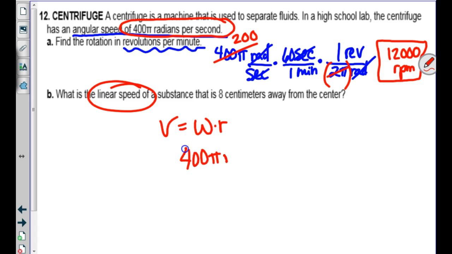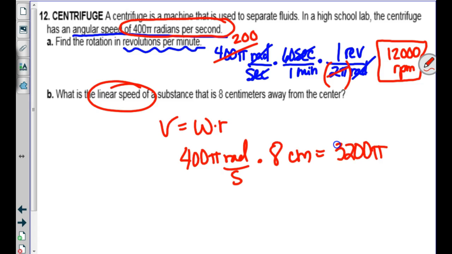So 400 pi radians per second times 8 centimeters will give me 3,200 pi, or can anybody tell me a decimal approximation for that? 10,000, 9,000? Okay, and that would be what label? Centimeters and seconds were our labels.